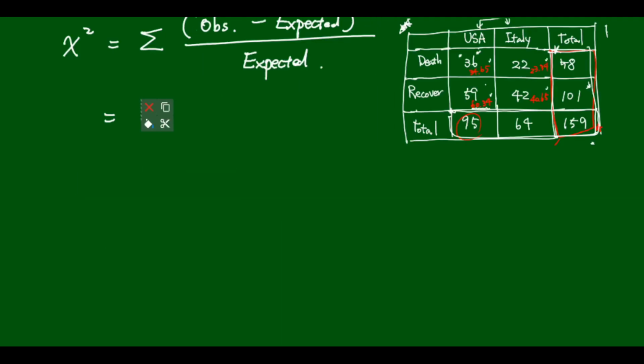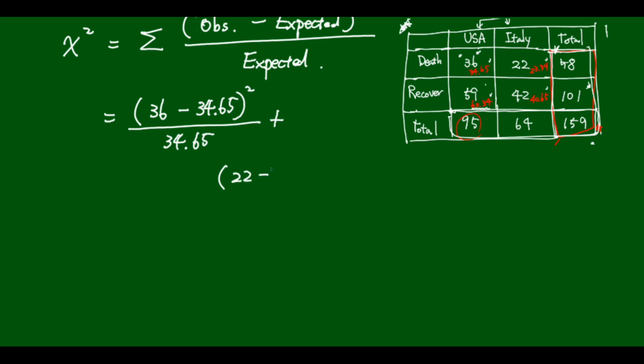So my first observation is 36 minus expected number 34.65 squared, divided by 34.65, plus, what is the second one?